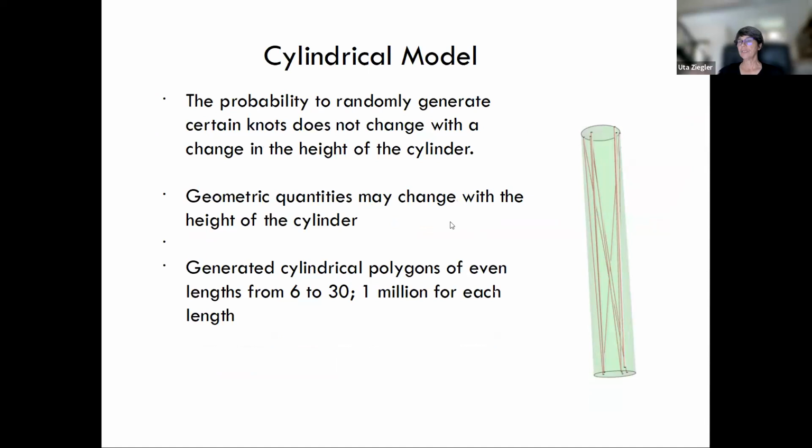Now, if we take a polygon generated this way and stretch it, the topological information will not change, but the geometric information might change with the cylinder. So that's something we had to be aware of. I'm going to call these cylindrical polygons in the data.